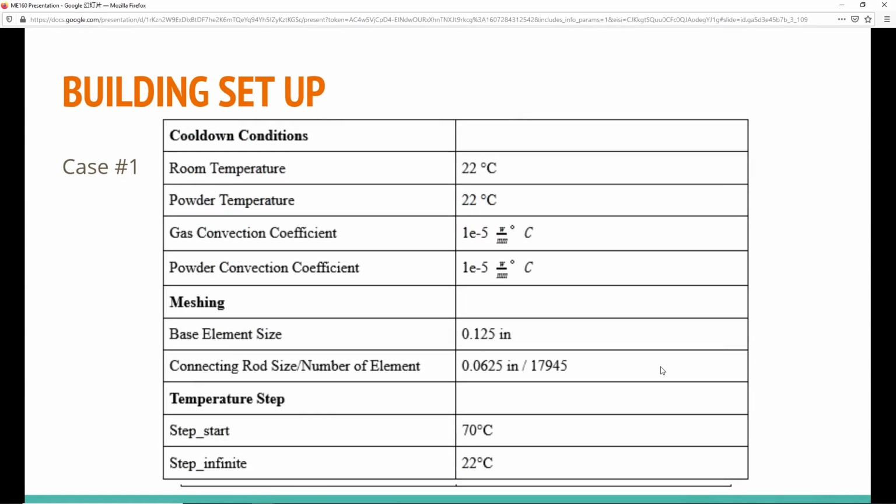And this table is also just following the same step. As you can see, we have the meshing as 0.125, and there's an even smaller meshing for the connecting rod.